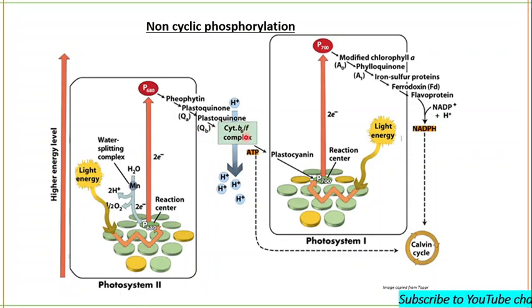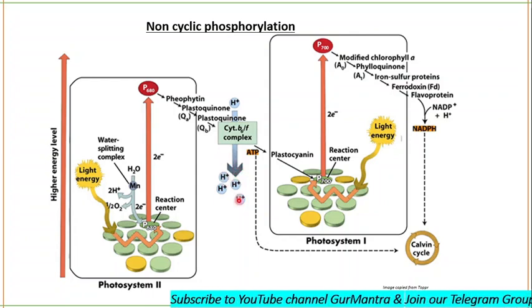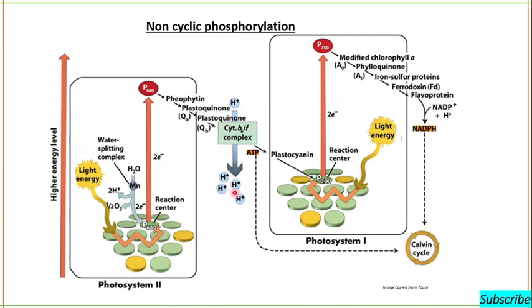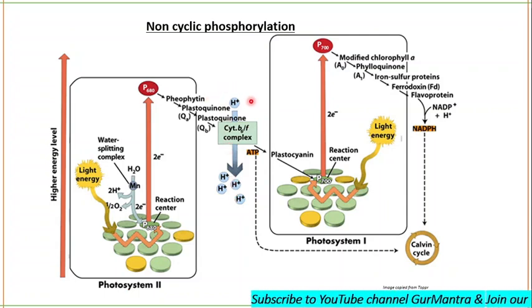Fine. Then for 2 electrons, there is the release of 4 protons toward the luminal side, from the stroma, for every 2 electrons.